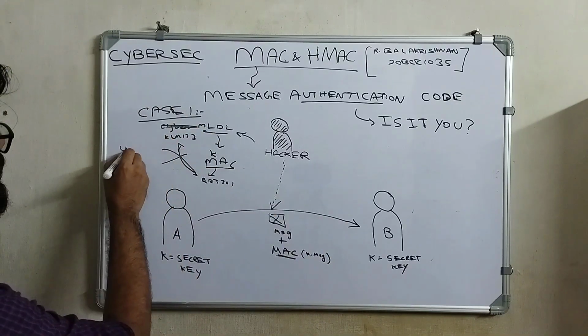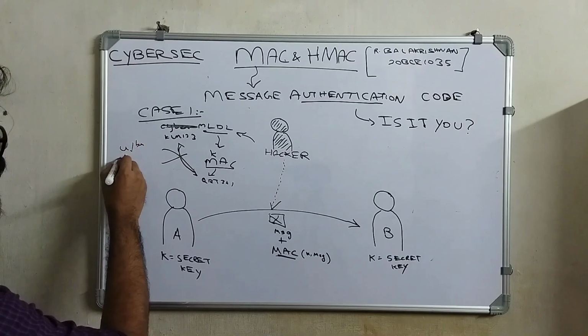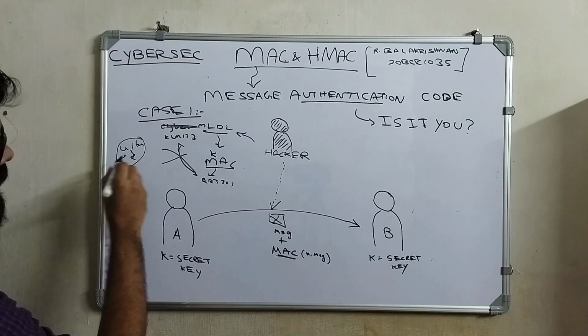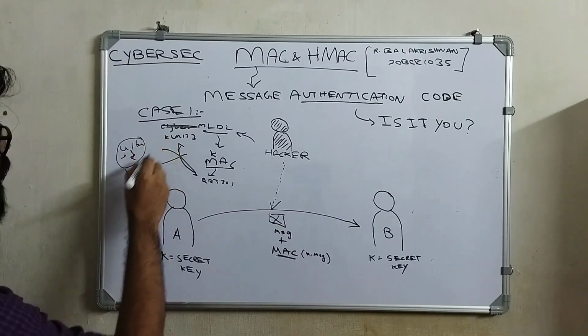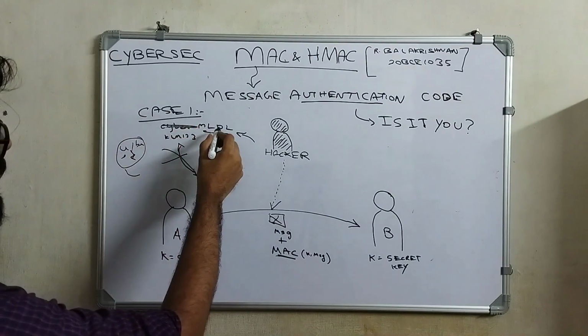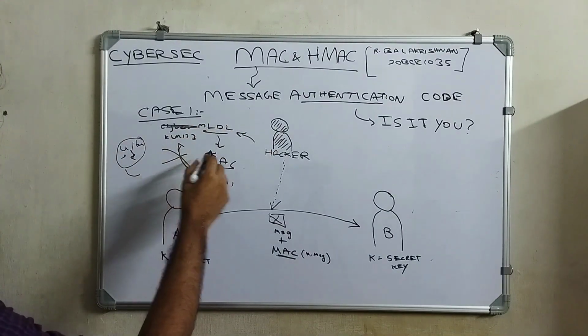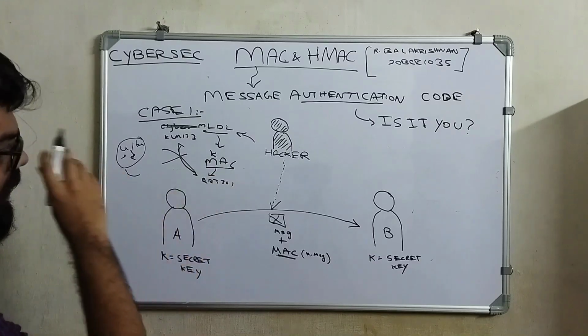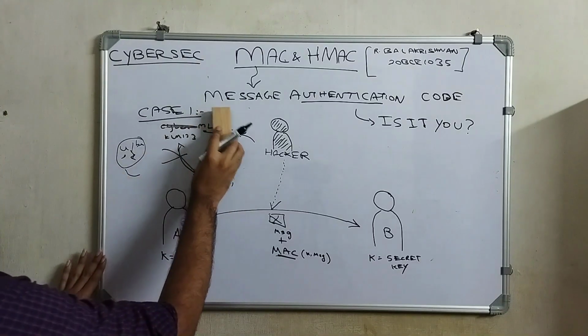If it was cyber with the secret key K, the MAC value would have been KLM123. If it is MLDL with the same secret key K given to the MAC function, it will never match.